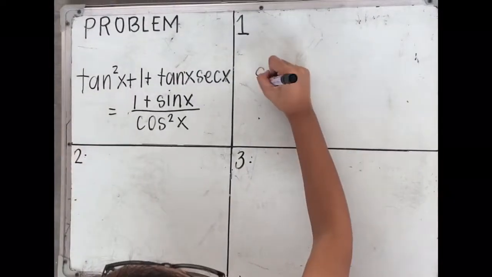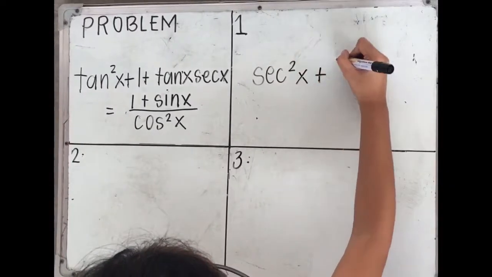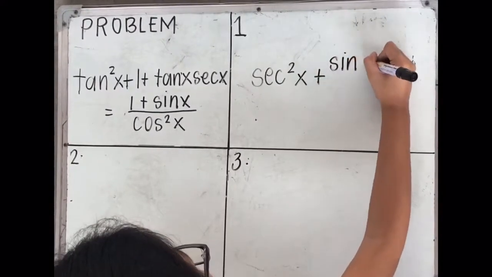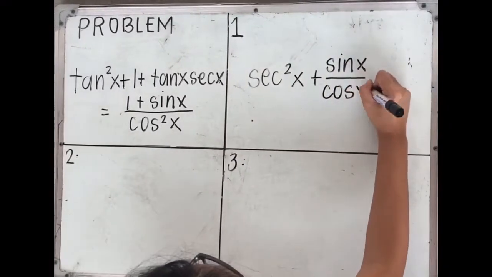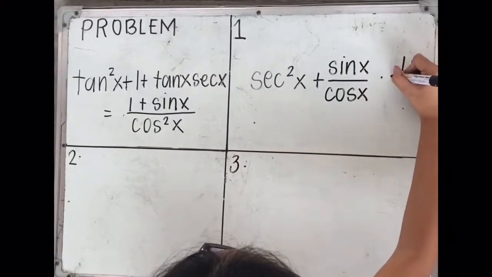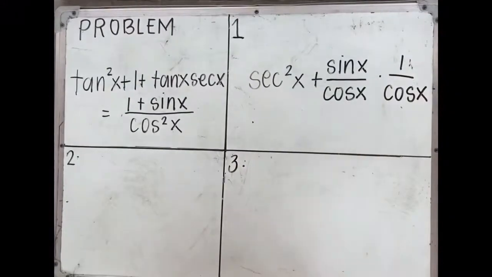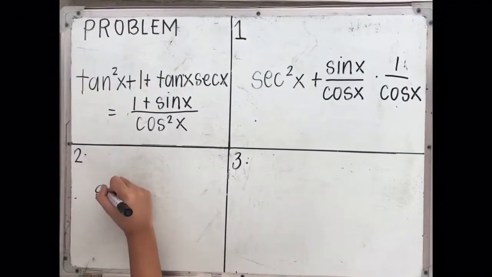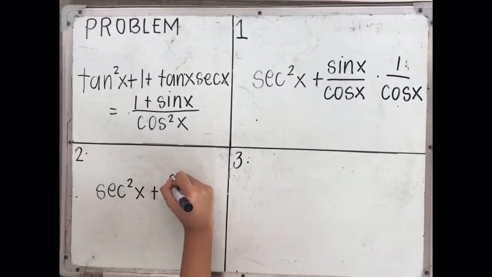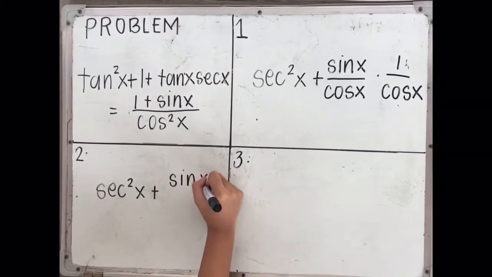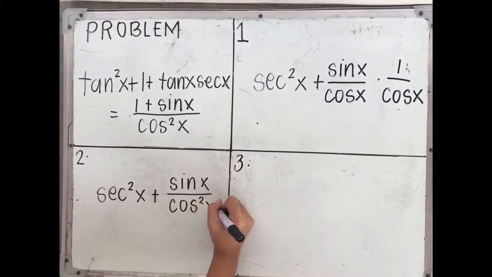Our next one is secant squared x plus sine x over cosine x times 1 over cosine x. Second, we have secant squared x plus sine x over cosine squared x.